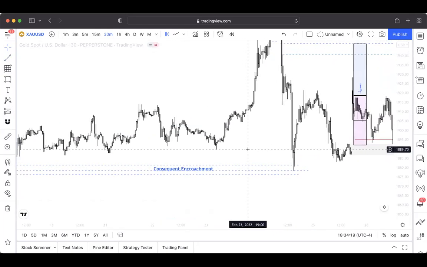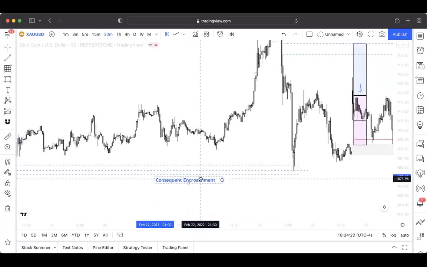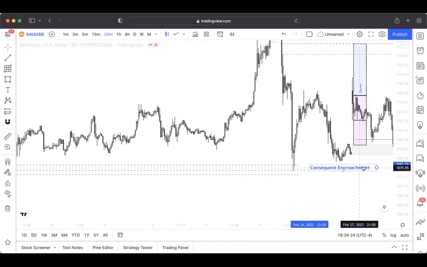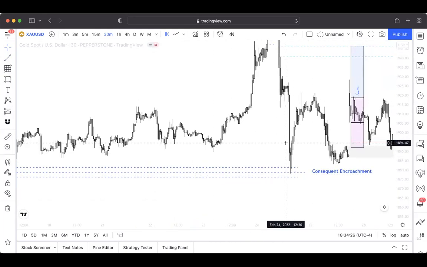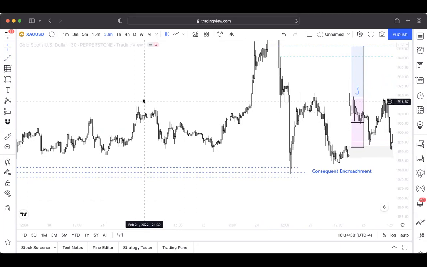Would you say that higher time frame fair value gaps are more likely to be a stronger magnet than lower time frame fair value gaps? Well, obviously, it doesn't matter what concept you look at. Every single concept on the higher time frame is higher probability than the lower time frame.